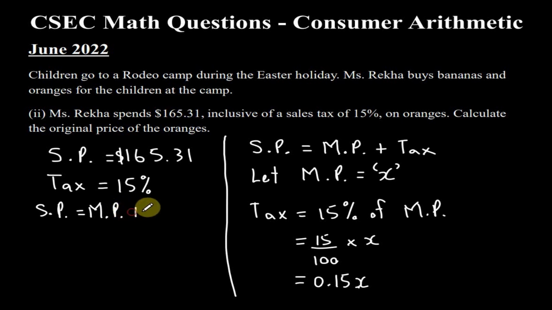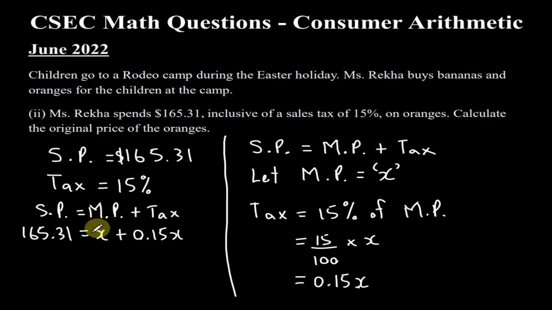which is the original price, plus the tax. Now recall that the selling price was $165.31, which is equal to the mark price. We're using x to represent the mark price here, plus the tax, which is 0.15x.